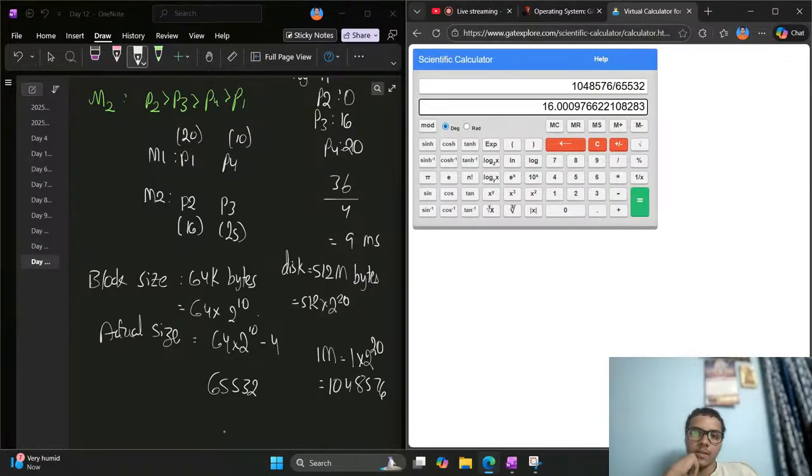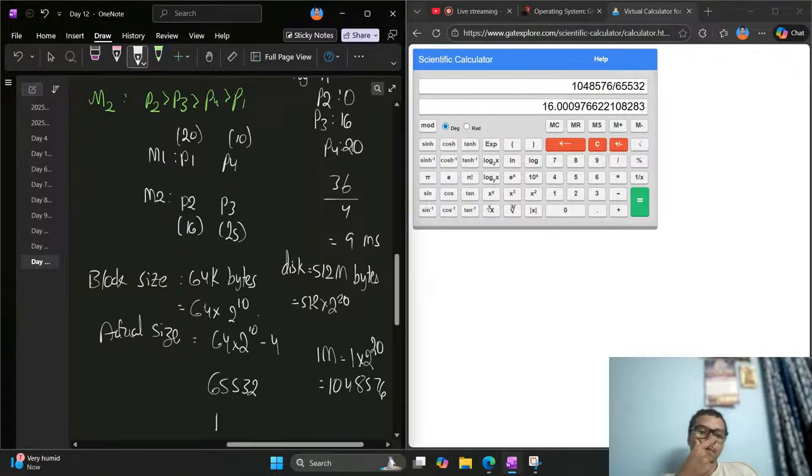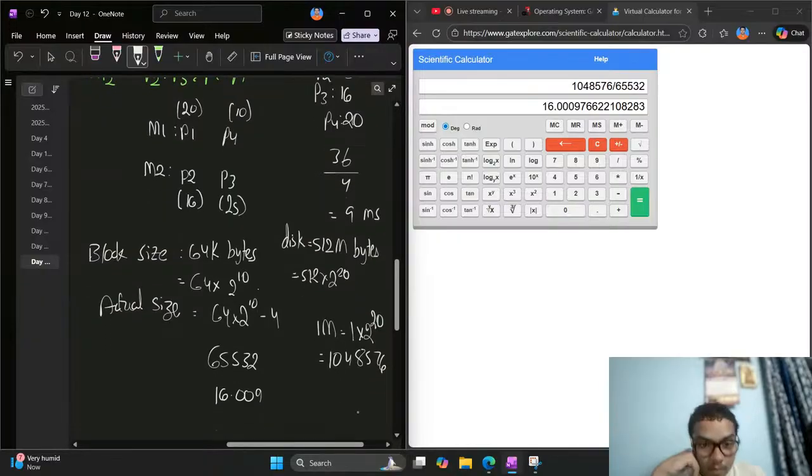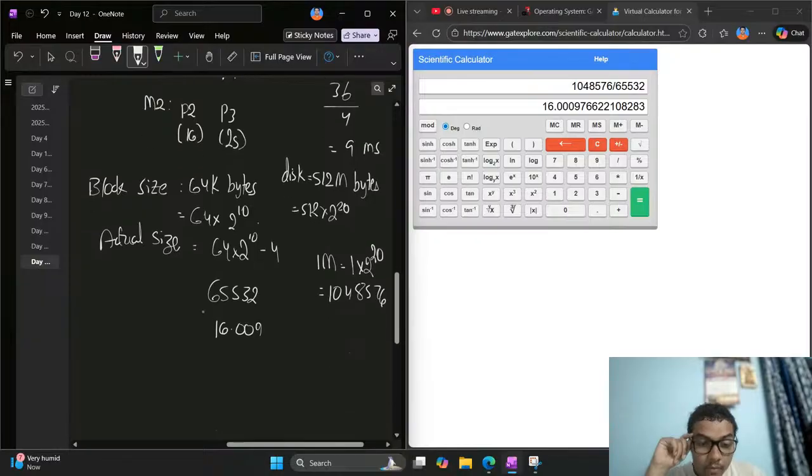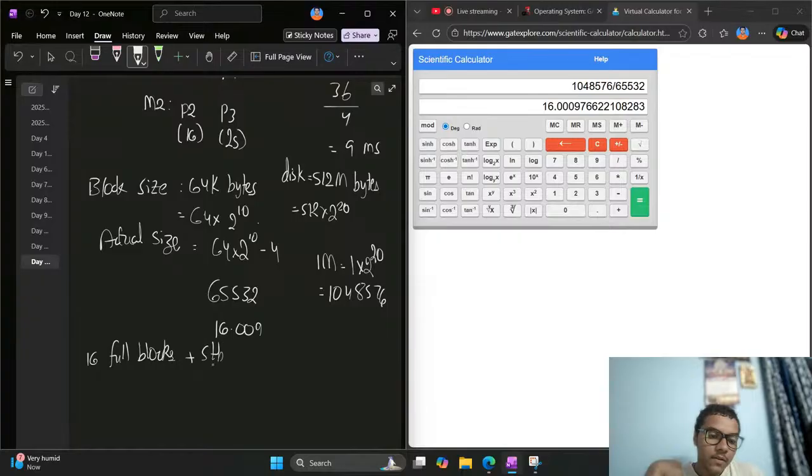You will get 16.009. So 16 full blocks plus something. You need to find the value of something.